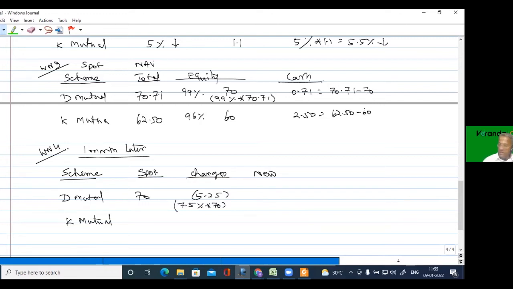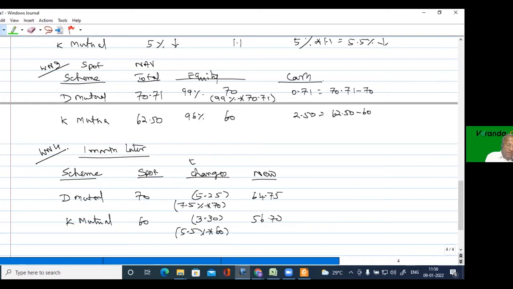If I take it down by taking up 70, it is going to be 64.75. In this case, when it is 60, it is 5.5% on 60. It is 3.30, 56.70.